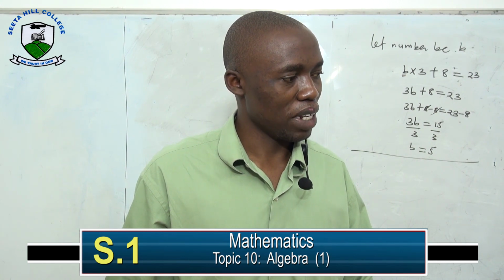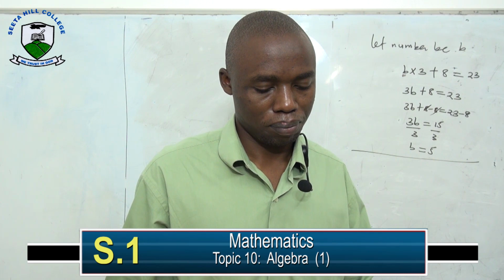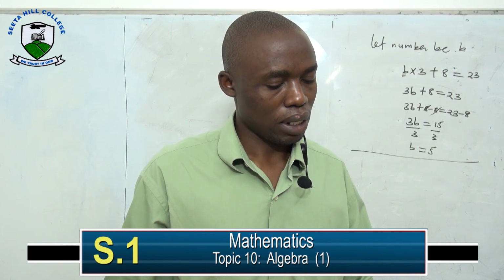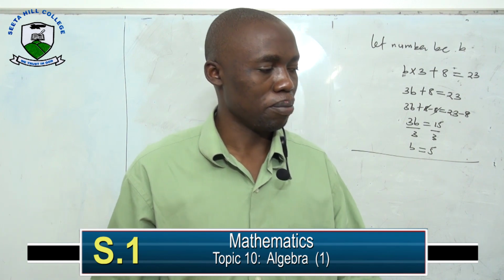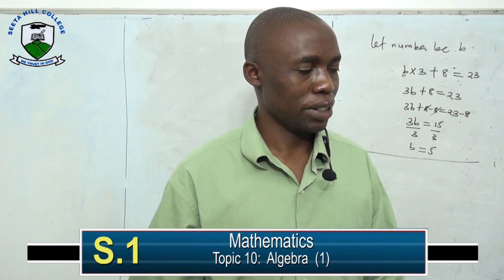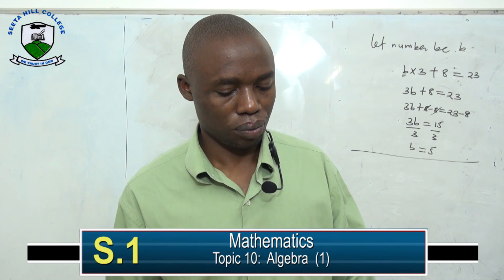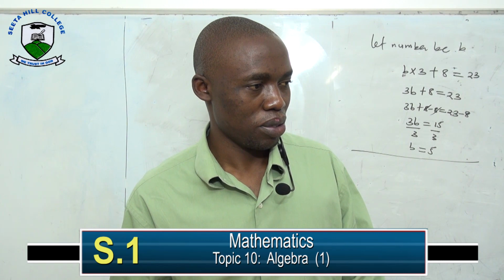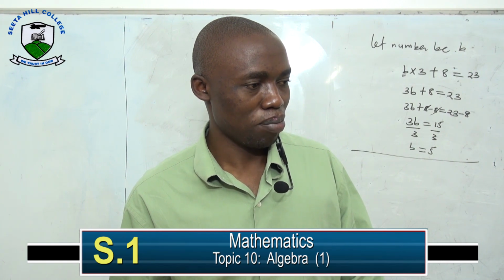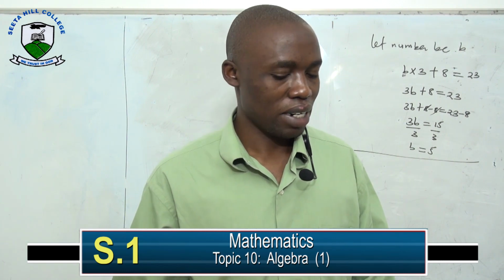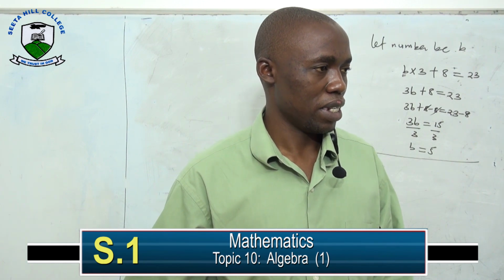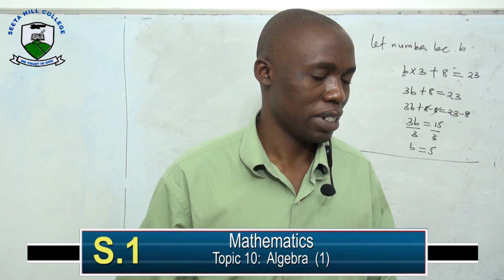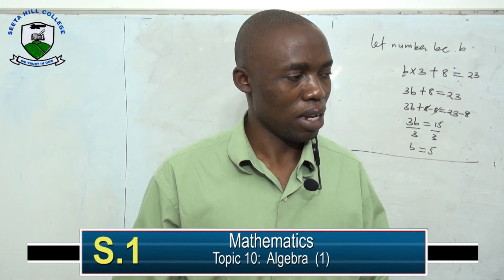Kate thinks of a number. She adds 2 to it, and then multiplies the result by 3.